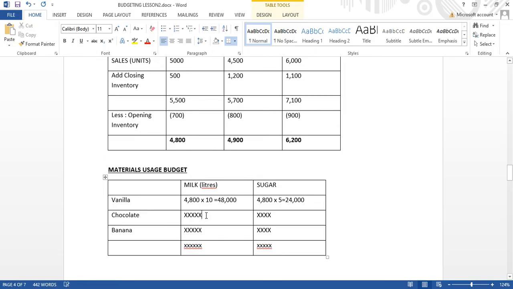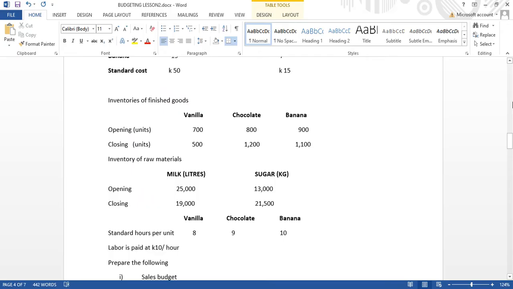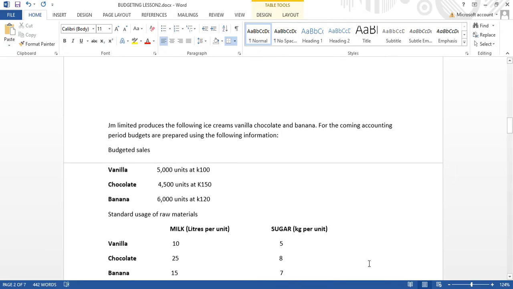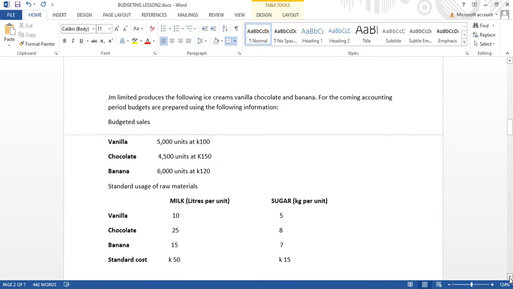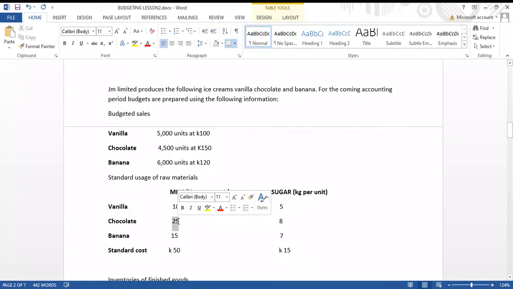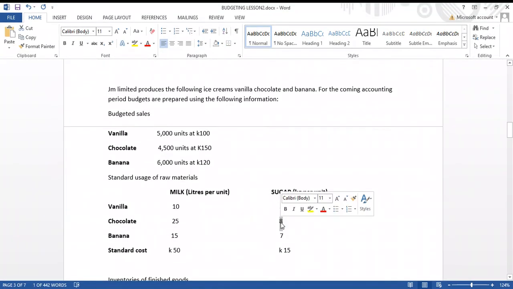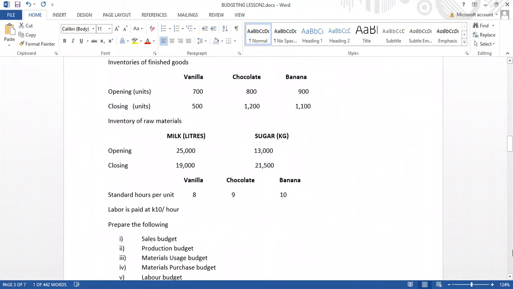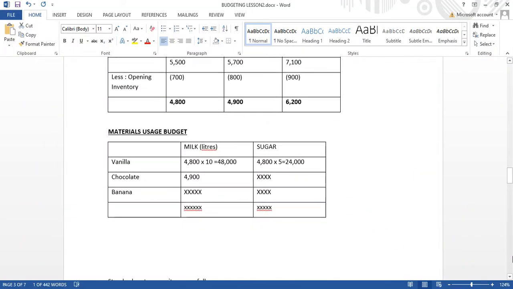We come to chocolate. Chocolate, we said we're going to produce 4,900 units. So for chocolate, come back to information here. We need 25 liters of milk for each unit of chocolate and 8 kg of sugar. So we come here and say 4,900 times 25 liters of milk.